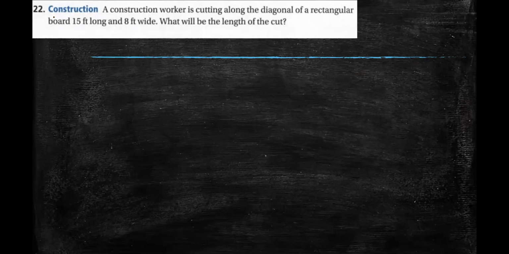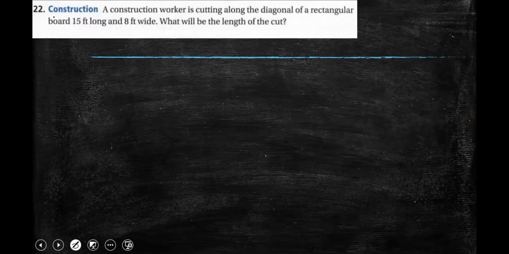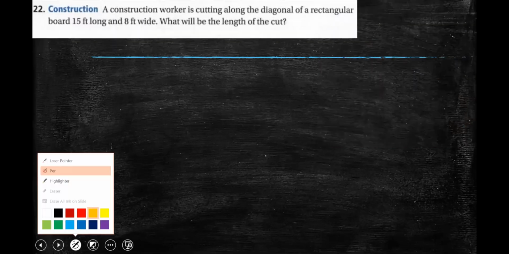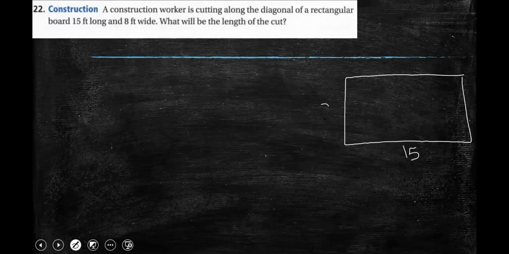So here we have a rectangular board, 15 long and 8 feet wide. The construction worker is cutting along the diagonal.